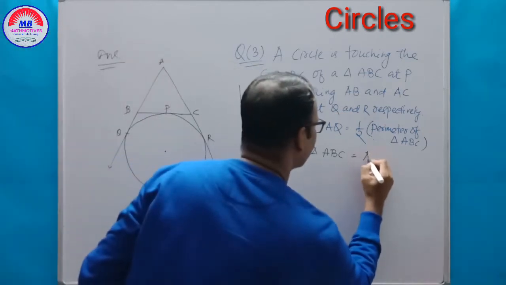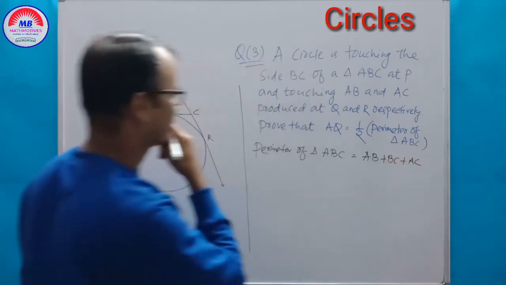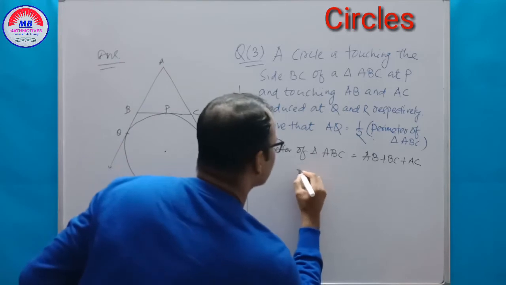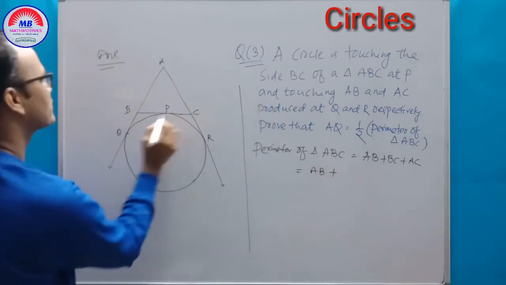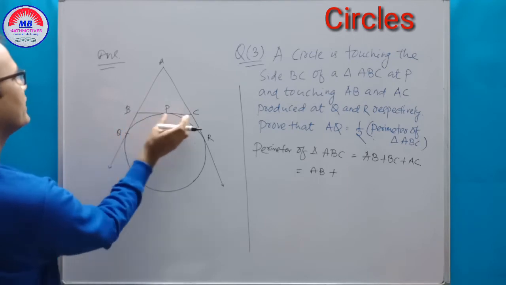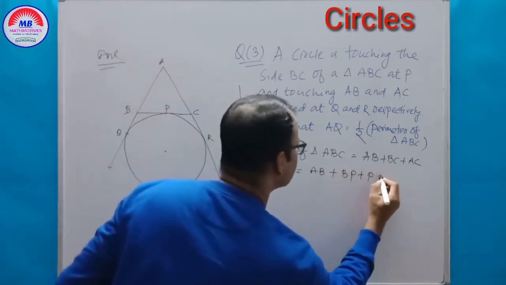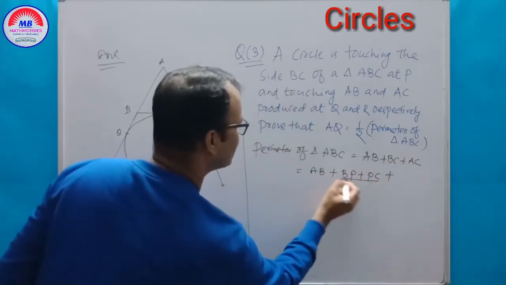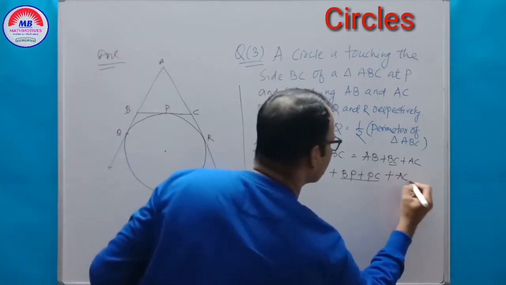Now we can write AB plus, in place of BC, BP plus PC, plus AC.